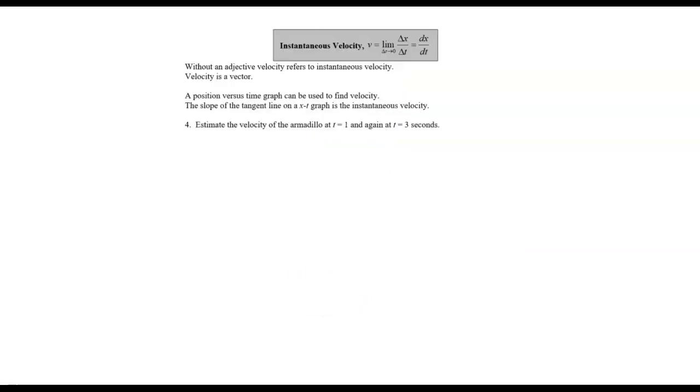There is another type of velocity. We refer to that as instantaneous velocity. Oftentimes we'll just drop the instantaneous and just say velocity. That is your velocity right at a given point in time. So this velocity is a vector. Specifically, it is our direction of motion.